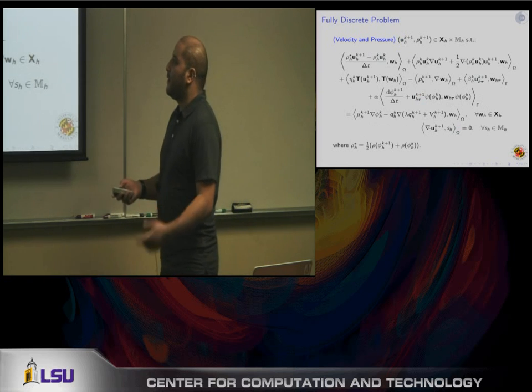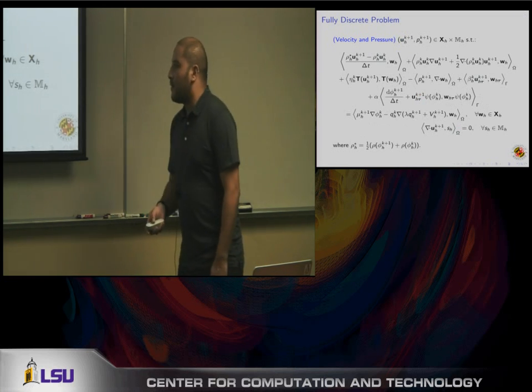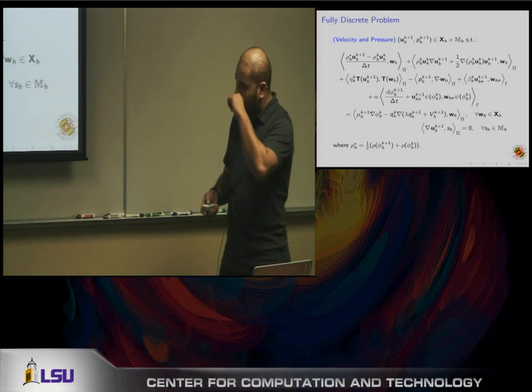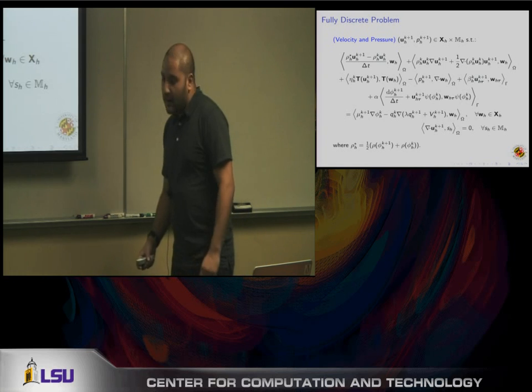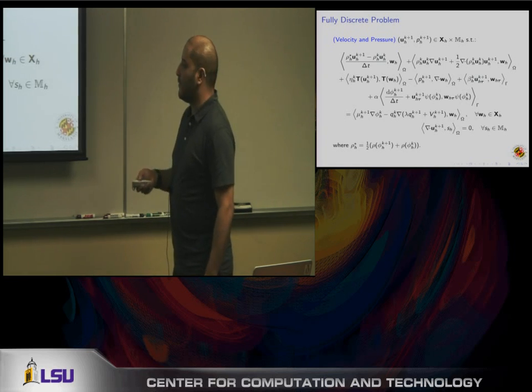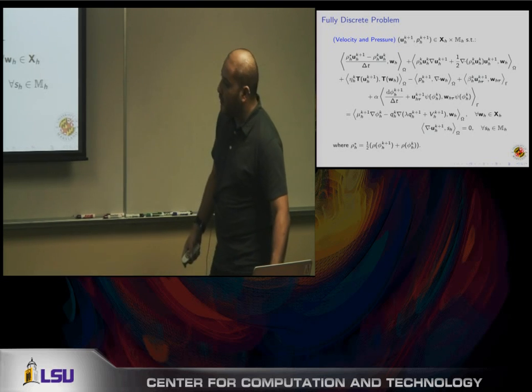Then finally the velocity and pressure. As usual, we just have a discrete version of the Navier-Stokes equations. And we're not doing any type of splitting. We're just solving a saddle point problem.